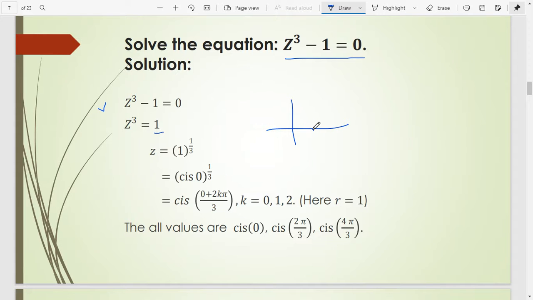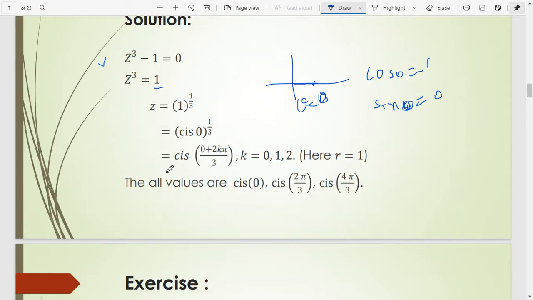So cos 0 is equal to 1, sin 0 is equal to 0. So the angle with the positive x-axis is 0. So theta is equal to 0.